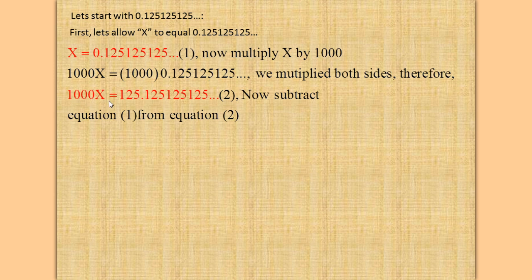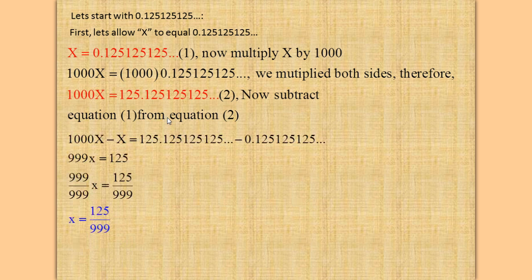So 1,000x equals 1,000 times 0.125, the repeating decimal, and we get 1,000x equals 125.125, the repeating part. Now we subtract equation 1 from equation 2, and that leaves us with the non-repeating part. 1,000x minus x is 999x, equal to 125 because we've eliminated the repeating part.